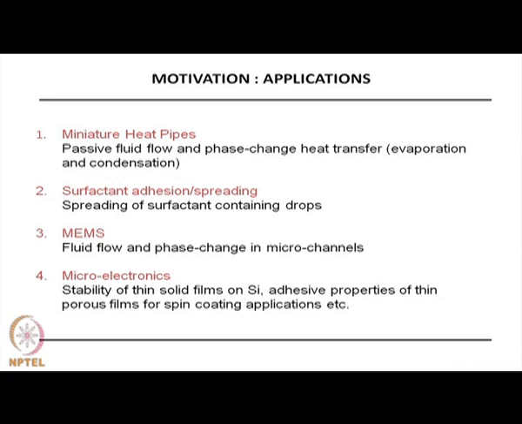We all know that the fluid flow in miniature heat pipes is provided by capillary forces, principally. So, there would be a difference in temperature at 2 points in the channels of a miniature heat pipe, and this is going to give rise to different shapes of the liquid meniscus at those points.